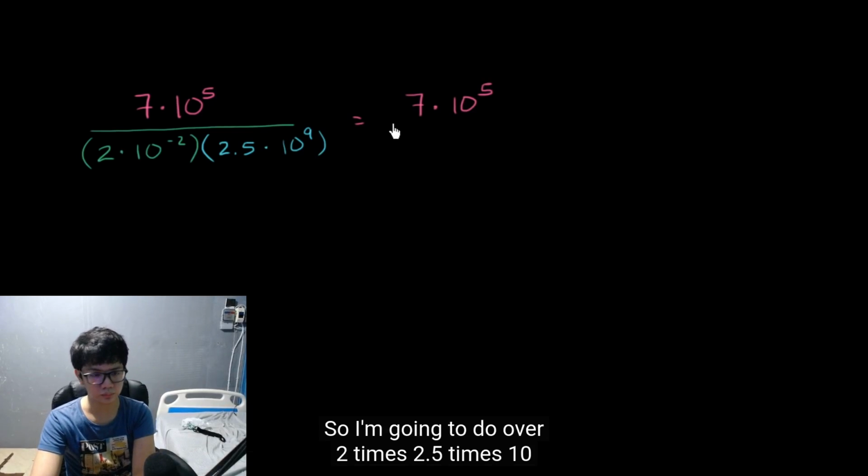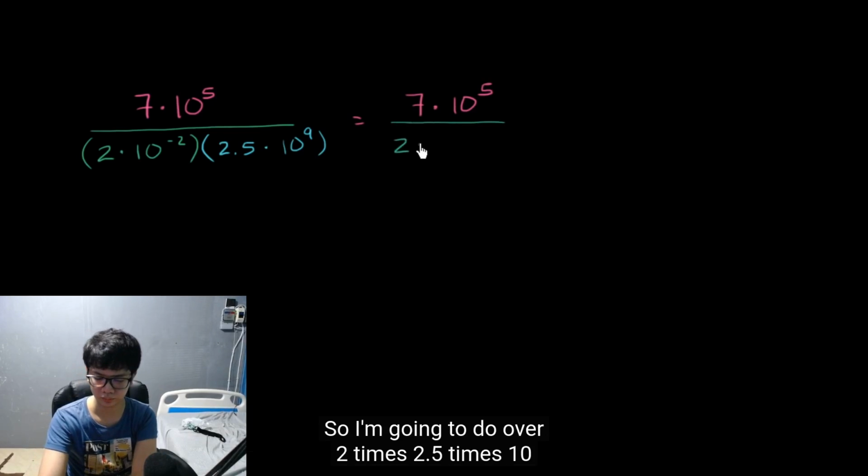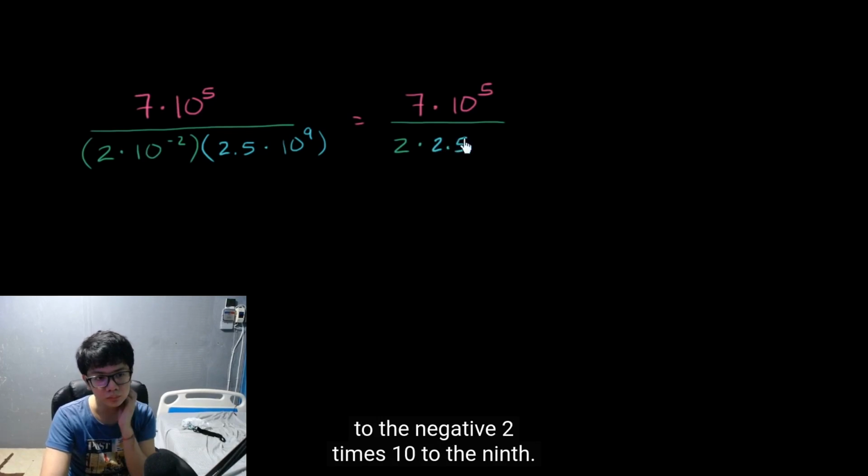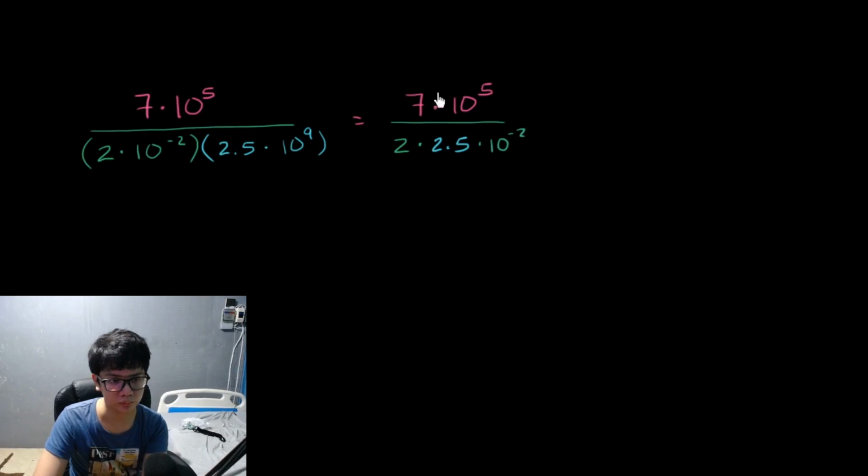So I'm going to do it 2 times 2.5 times 10 to the negative 2 times 10 to the 9th.